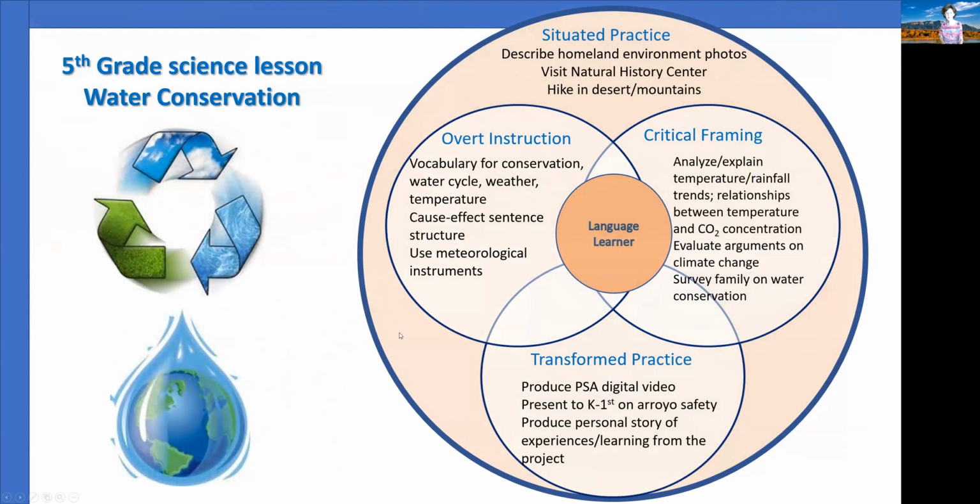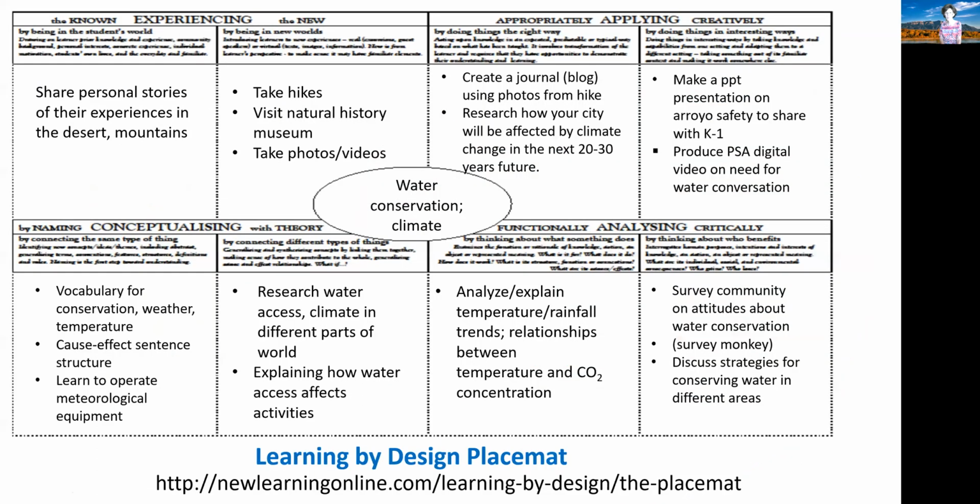And the concepts are all laid on the situated practice of being familiar with your homeland, your environment, your walks in the desert, your walks in the mountains. Now, what we have here is our lesson plan. And the format for this lesson plan comes from a website. It's called newlearningonline.com.